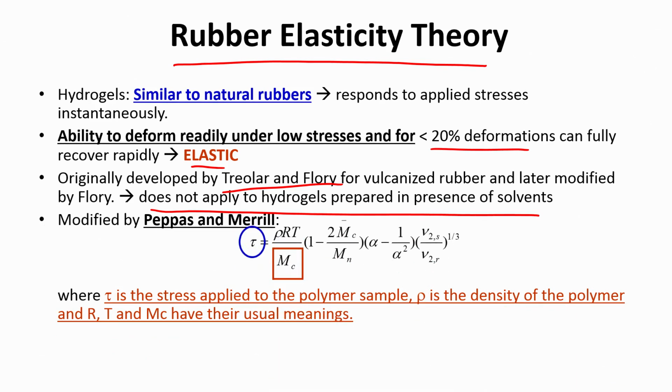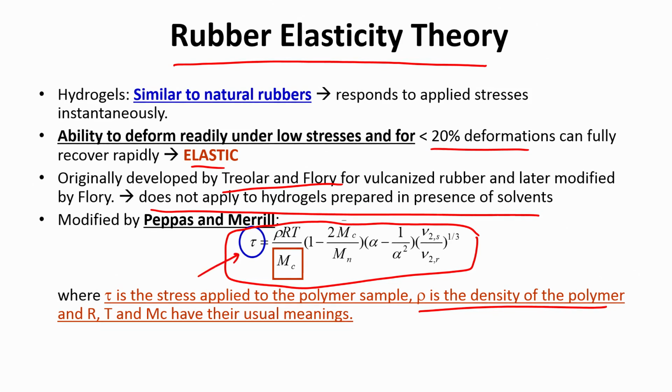With the rubber elasticity theory, if tau is the stress applied to the polymer sample and rho is the density of the polymer itself, then you can equate them on the basis of this equation. So, now we have another equation. Tau is the stress that we are applying.